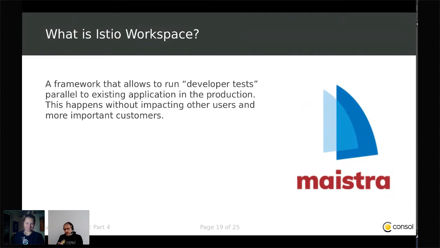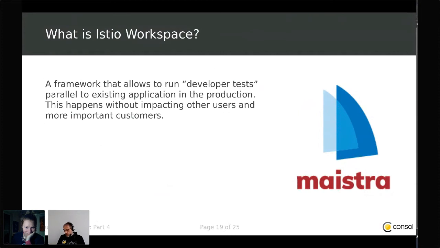So you have your developer tests, and from a logical point of view, you put your application next to it and you are working in the production environment. And the nice thing is that normal users of that environment will not notice that something has changed. And hopefully your customers don't know either.